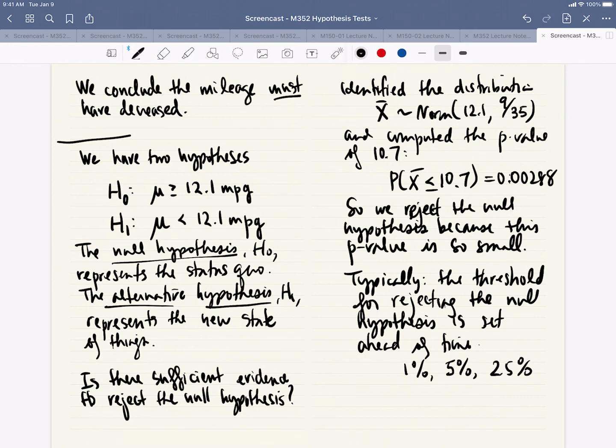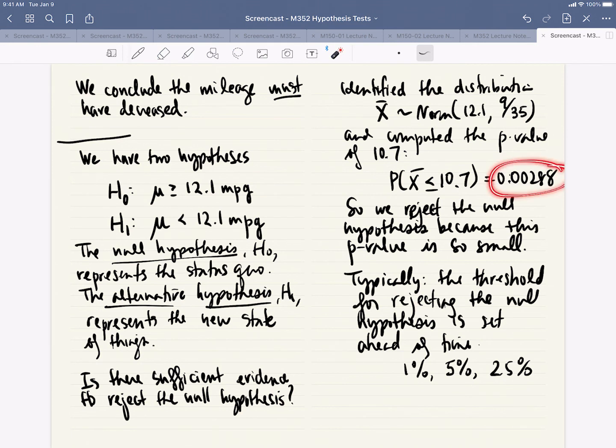And there's no scientific justification for why people set p-values the way they do. Each discipline has a p-value that they like to use. In social science, p-values can be higher. In engineering, p-values should be lower. If you're working a problem, generally you'll know ahead of time what p-value to use to evaluate the null hypothesis, and that helps you decide whether or not you reject the null hypothesis.